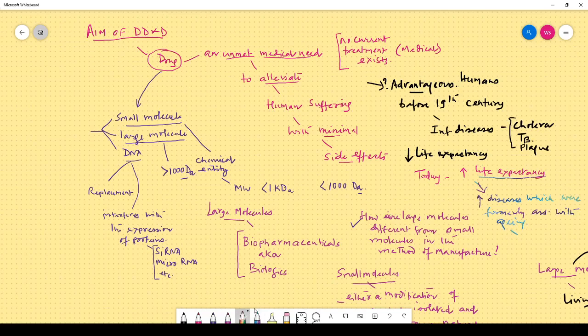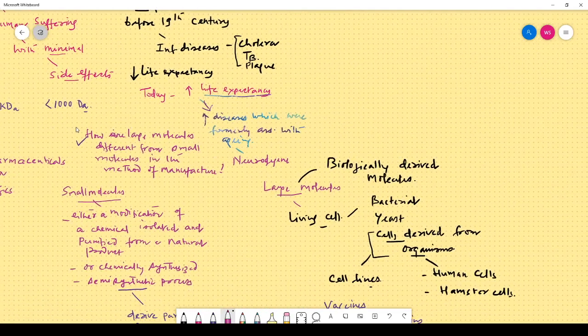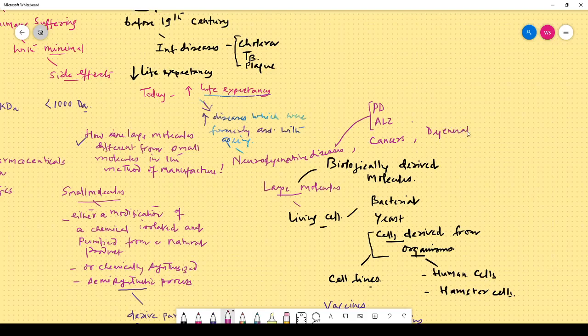Okay, like our neurodegenerative diseases like Parkinson's disease, Alzheimer's disease, cancers, okay, degenerative diseases. Okay, which is a challenge today.